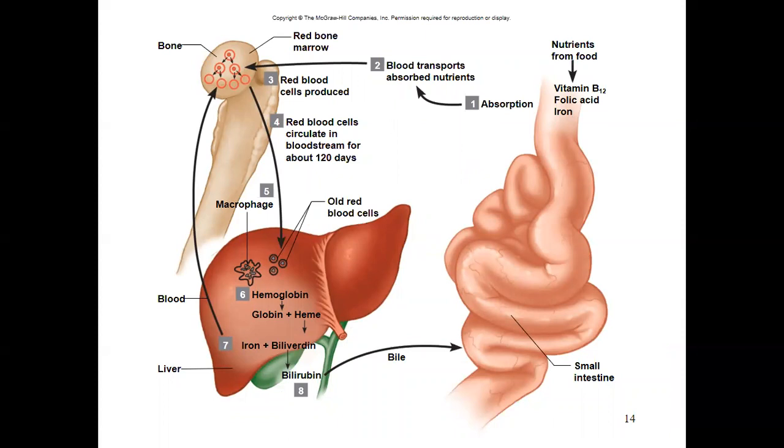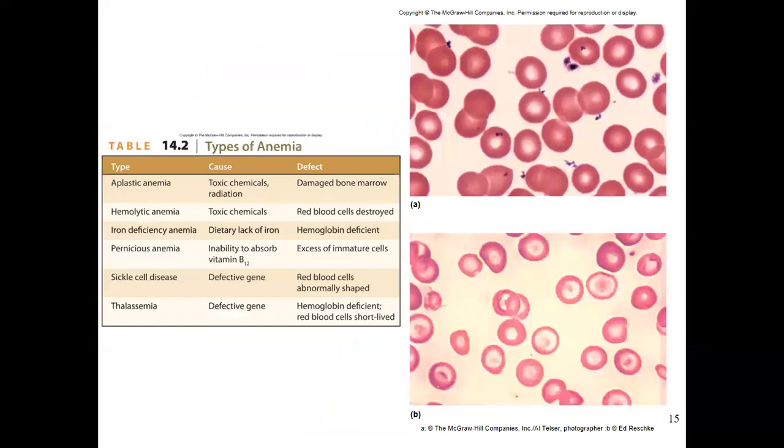Please look at this on your own so that you can understand what is happening here. This shows you the different types of anemia. So these are the different names of the anemia. These are the different causes. Just because a person has anemia does not necessarily mean that they need the same treatment for that anemia.